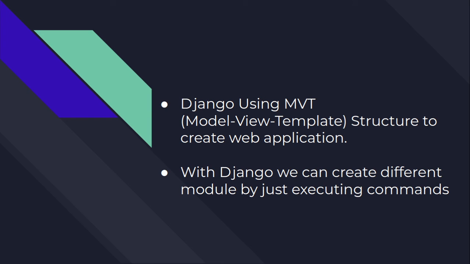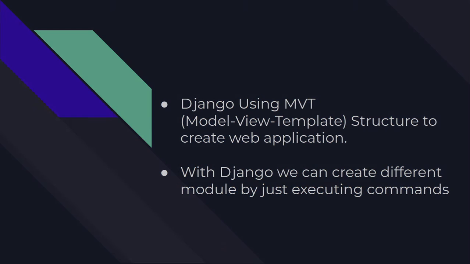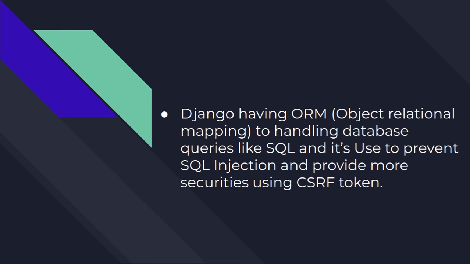For example, if we want to create different modules inside of Django, we don't need to create each and every file of the modules manually. Django provides, we can say, a sample or predefined module by executing some commands. So that is also basically saving our time when we want to create a module.